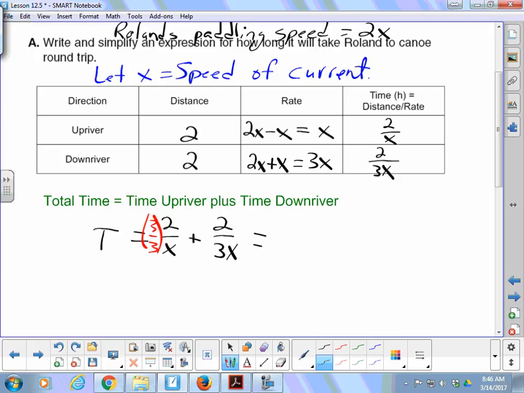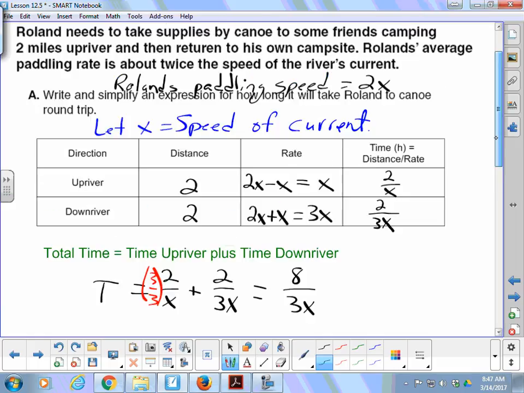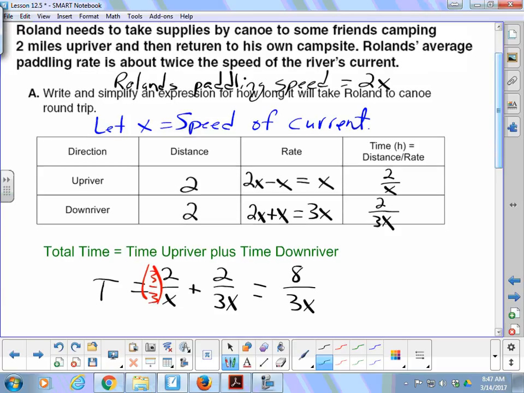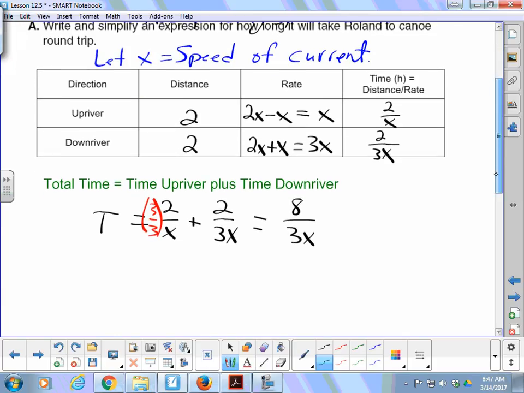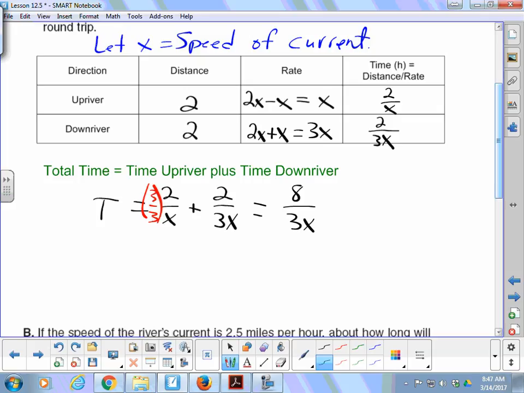So we've got 3 times 2 is 6, plus 2 is 8, over 3x. That's the actual time it's going to take him to go upriver and downriver. So what was the question? It said, write a simplified expression for how long it would take Roland to canoe round trip. All right, so here's how long it's going to take him: 8 over 3x.